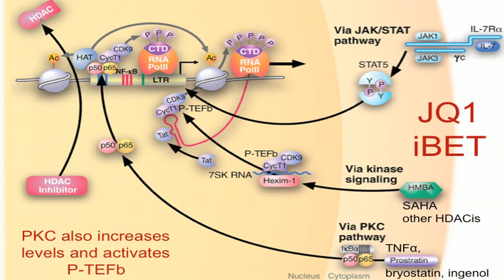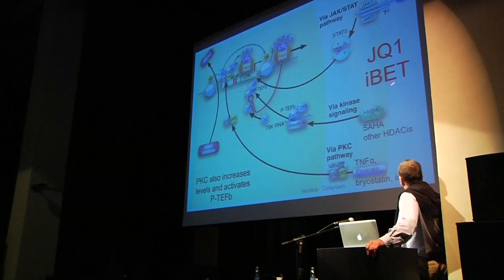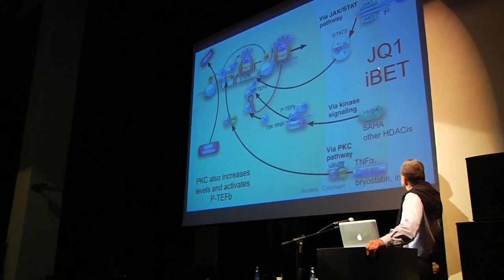In terms of release factors for P-TEFb, as I mentioned already, SAHA is an approved drug. Other HDAC inhibitors possibly would be less toxic or better tolerated, and we would suggest HDAC6 specific inhibitors would probably be the best. We are very interested in these two compounds right now that just came on the scene. These are the drugs of the decade, maybe.